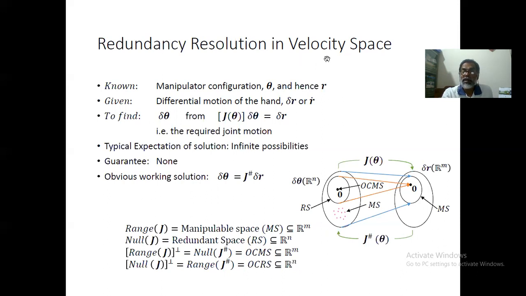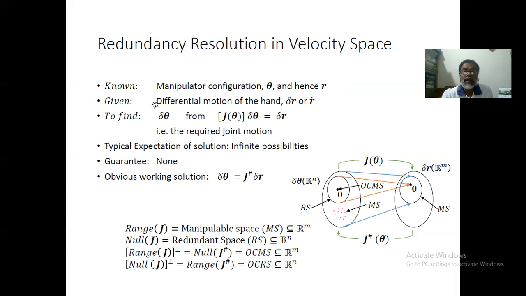Because we are talking about doing the analysis in velocity space, that means the position analysis is complete already. Otherwise, what velocity will determine? So manipulator configuration theta is completely known, and therefore R is completely known: joint space position, task space position and orientation of the end effector. This is all known. Of course, the design parameters of the robot are certainly known.